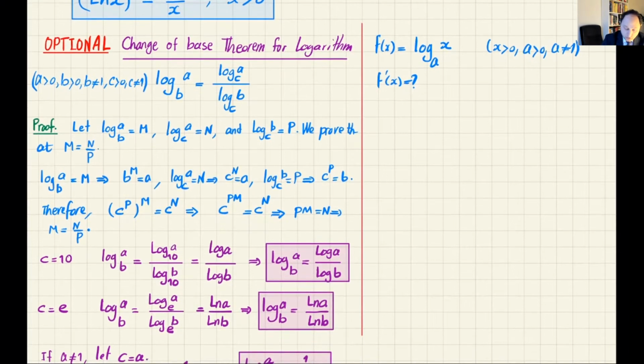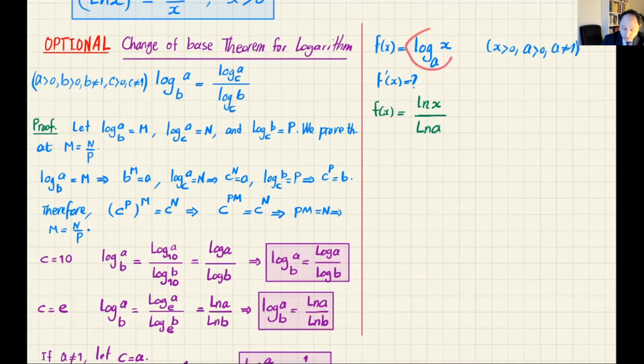So what should I do? I would write it in this form first. I would say that f of x is equal to ln of x divided by ln of a, yes? So why is this true? Because of this formula. Logarithm of a in base b can be written as ln of a divided by ln of b.